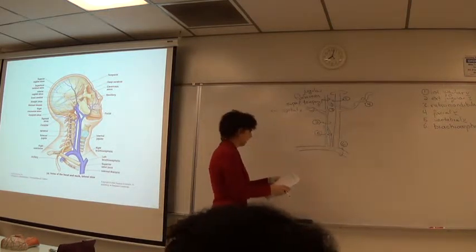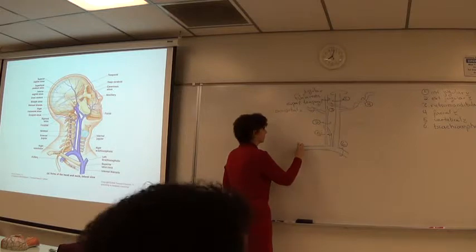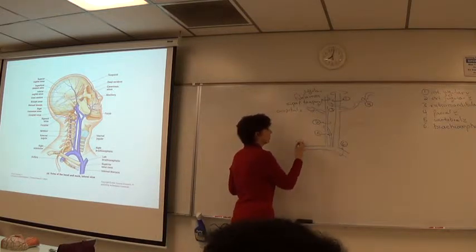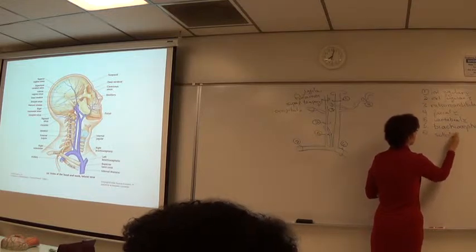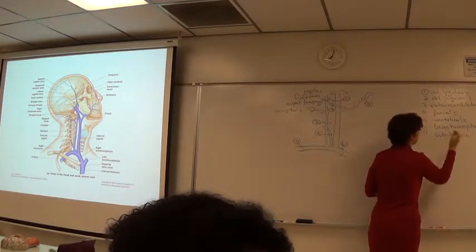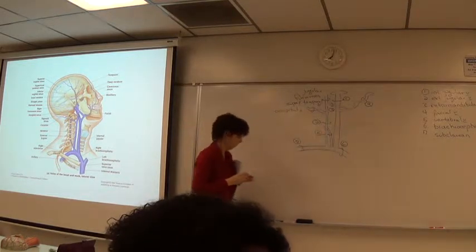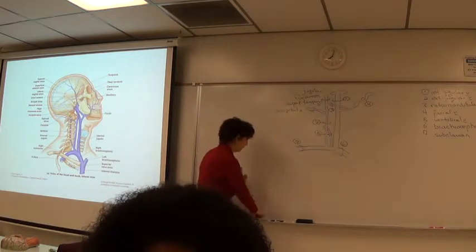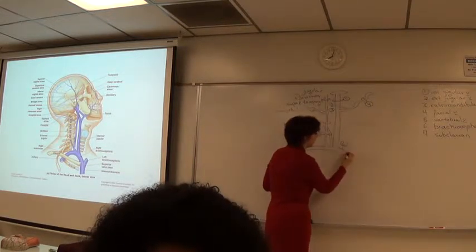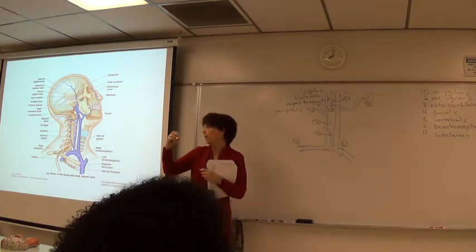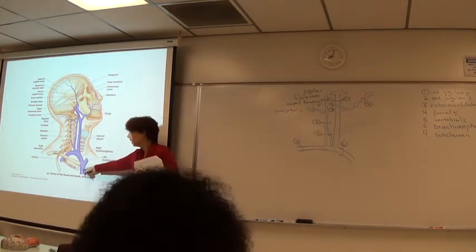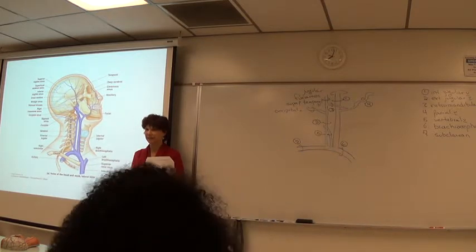And then we have the subclavian, which is 7. Now we are going to add a new vessel. Instead of the aorta above the heart, we have the superior vena cava. Okay?